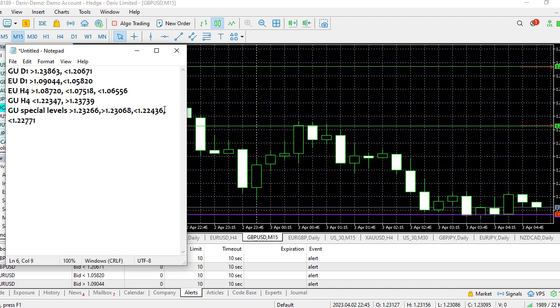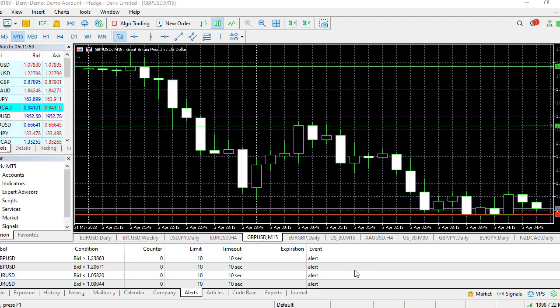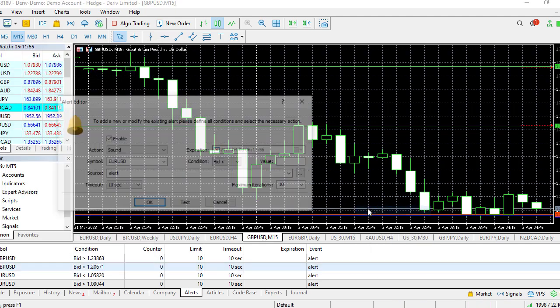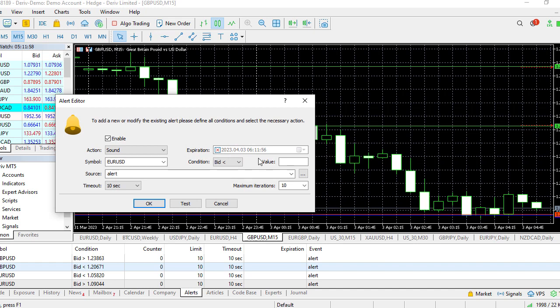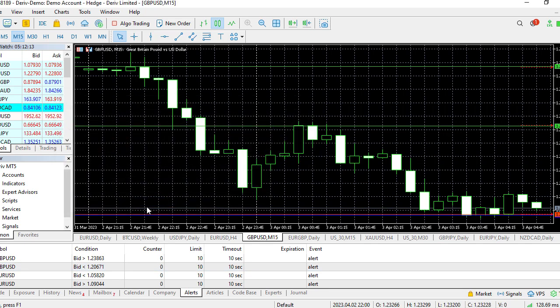So basically, you can have a special level of 15 minutes and 30 minutes. And you can have a special level of 1 hour and 30 minutes. Those are the ones I usually send to you guys. Of course, there are also special levels of 4 hours and 1 hour also. I think we saw one like that because of us doing this line drawing and preparing for the morning. So I've set an alert there.